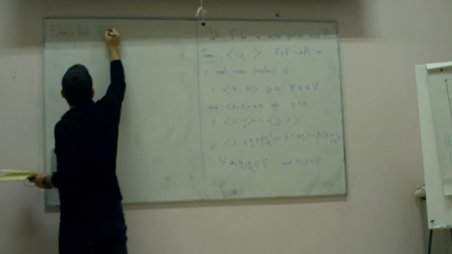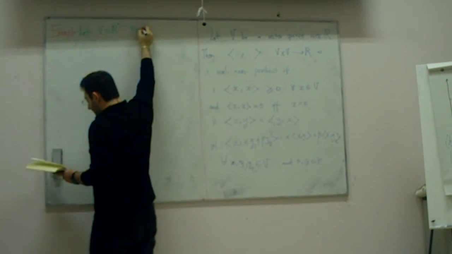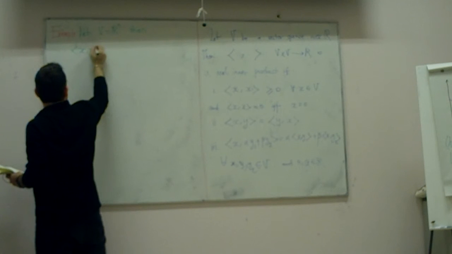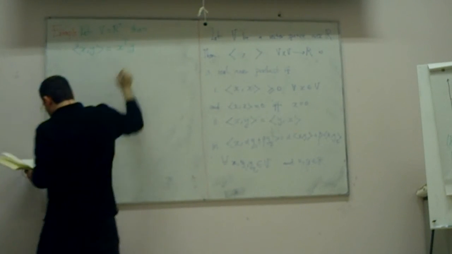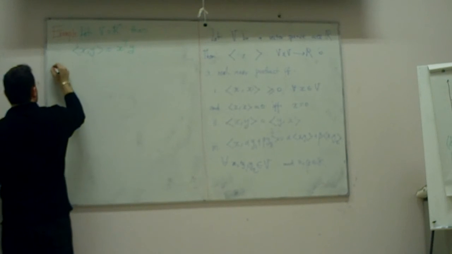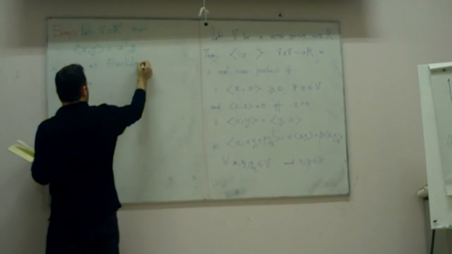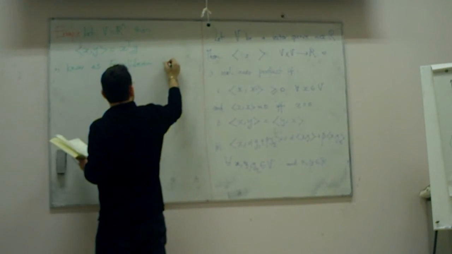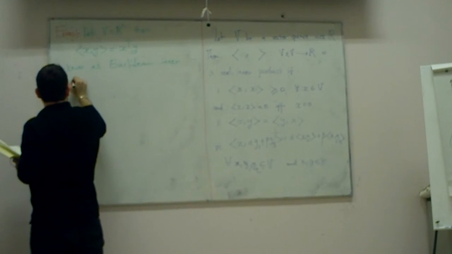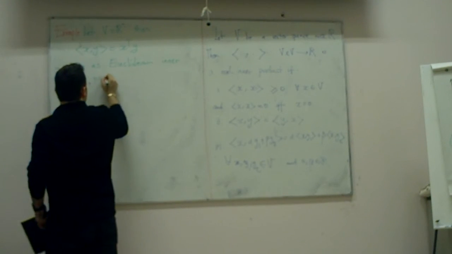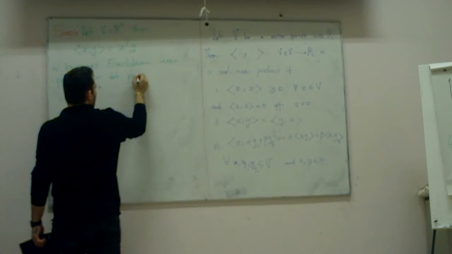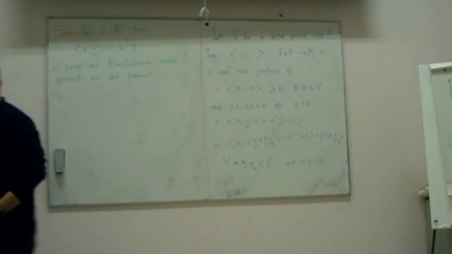Let V be Rn, then we know that the inner product of x and y is actually x transpose multiplied by y, and is known as Euclidean, or we call it dot product. So dot product was the inner product over Rn, whereas the general terms are defined that way.